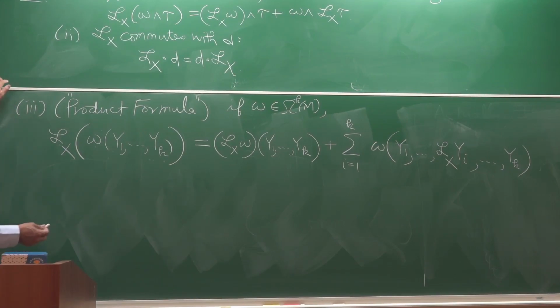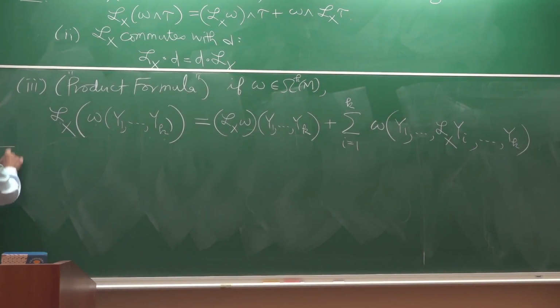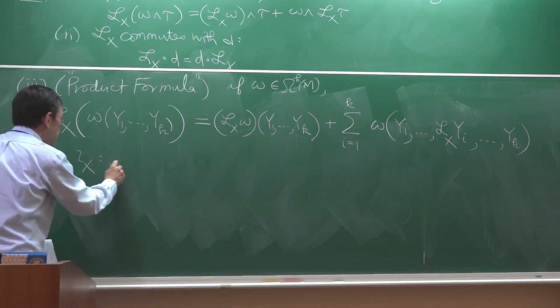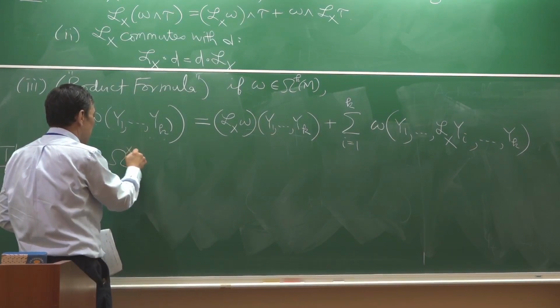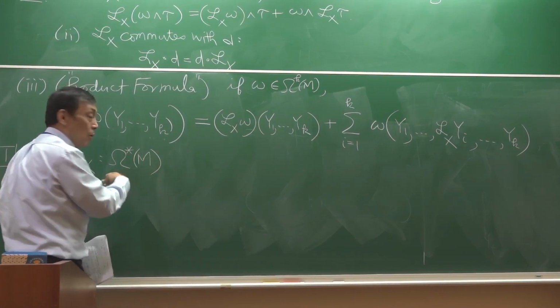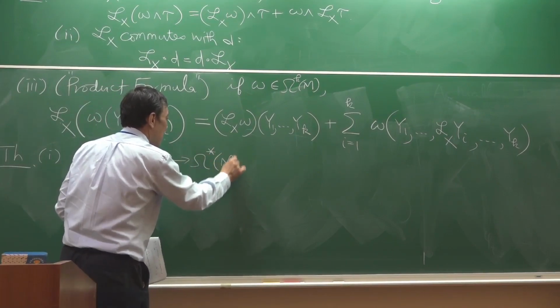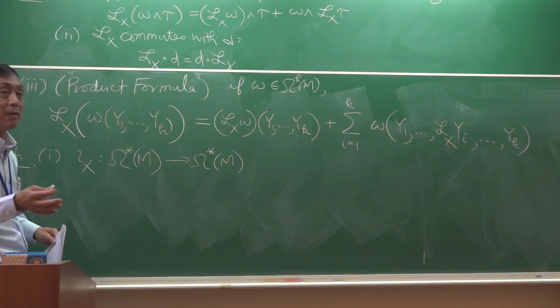Okay, so these are the properties of the Lie derivative. And then let's now write down the properties of interior multiplication. So iota x goes from all the forms to all the forms, but it lowers the degree by 1.